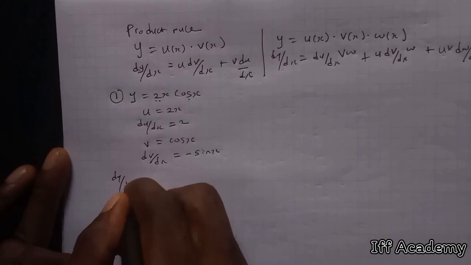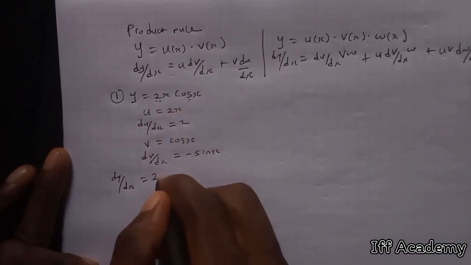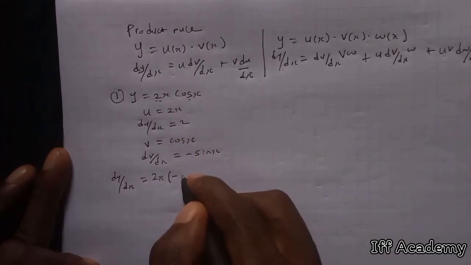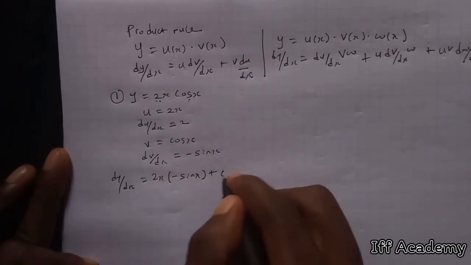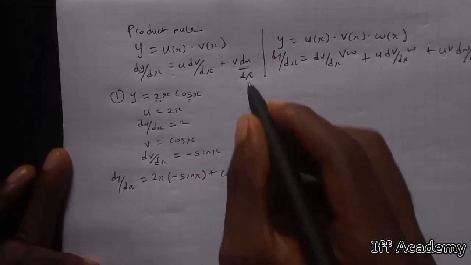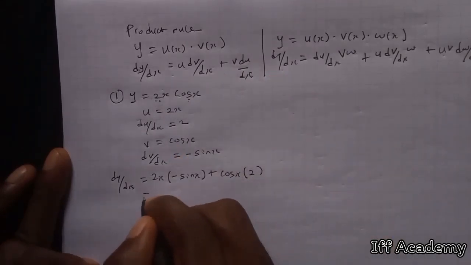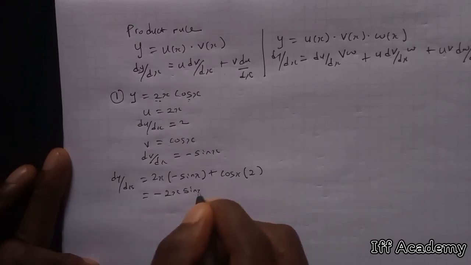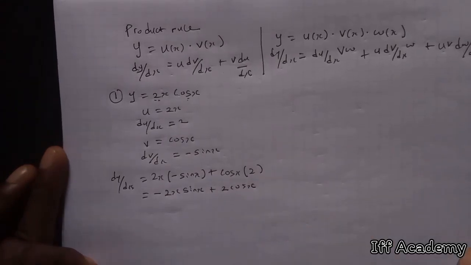So our dy over dx is u, 2x, into dv over dx, minus sine x, plus v, cos x, into du over dx, which is 2. So you have minus 2x sine x plus 2 cos x as your answer.